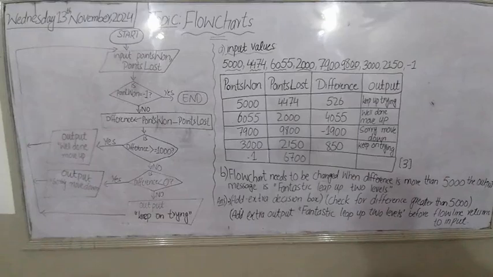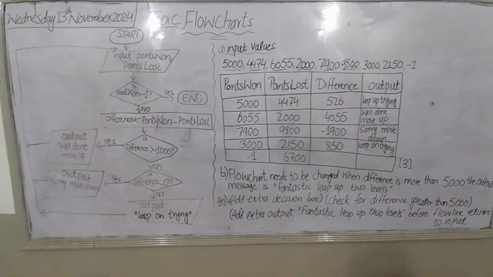When you subtract 9800 from 7900, obviously the value will be negative because you are subtracting a bigger value from a smaller value, so you will get -1900.